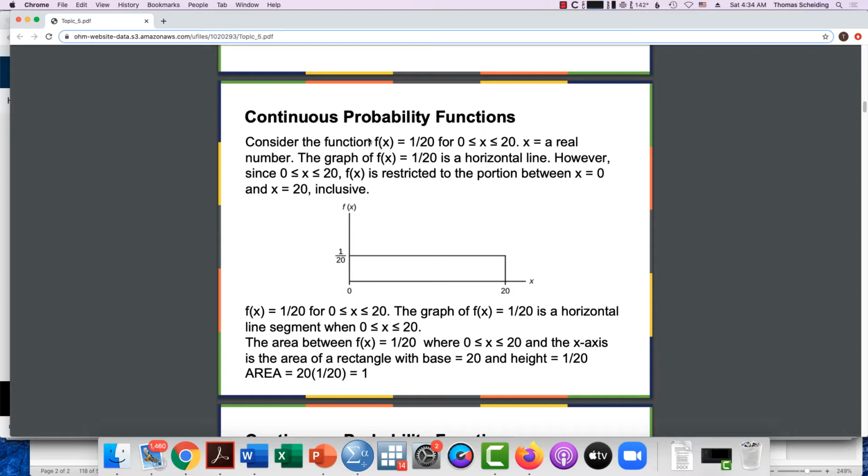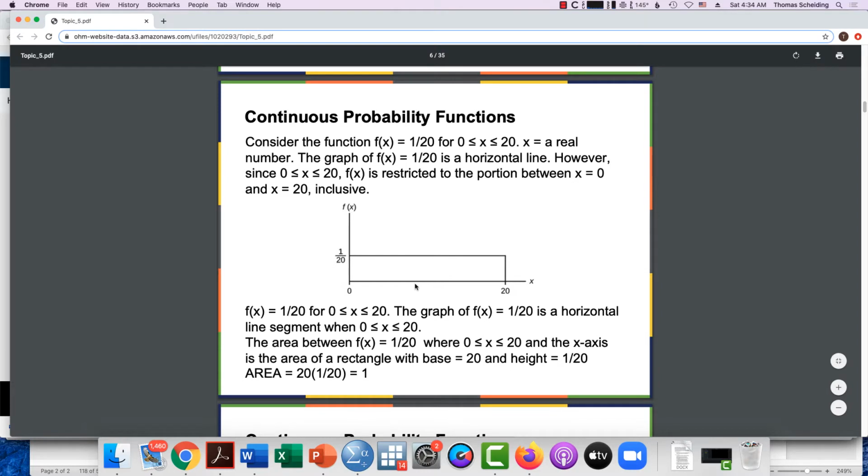So one way to think about a continuous probability function would be that if there are 20 different events that could happen, or 20 different numbers that each have a 1/20th probability of occurring, I can't determine any single one because it wouldn't have an area. But eventually I can calculate the area of a rectangle.